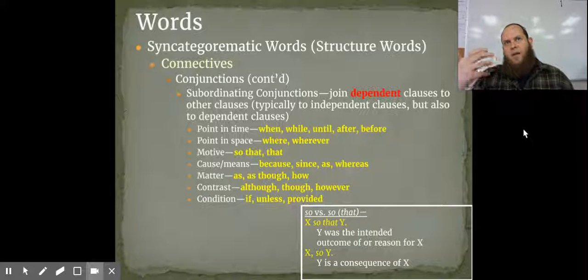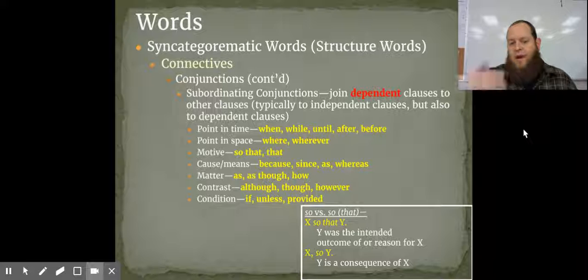And if you've got something like X so that Y, that "that" doesn't have to be there. That subordinating conjunction can come and go. So X so that Y can look a whole lot like X so Y, right? And if someone didn't know any better, that might require a comma. But it depends on the relationship between X and Y.